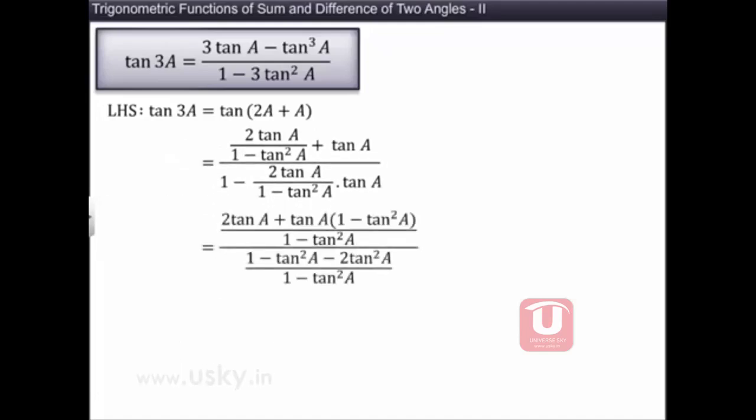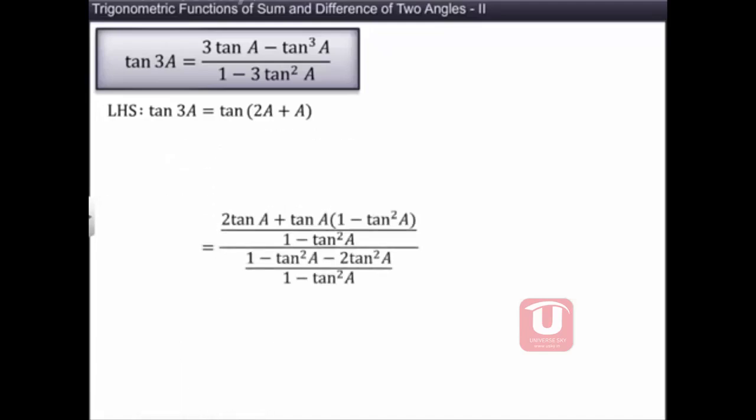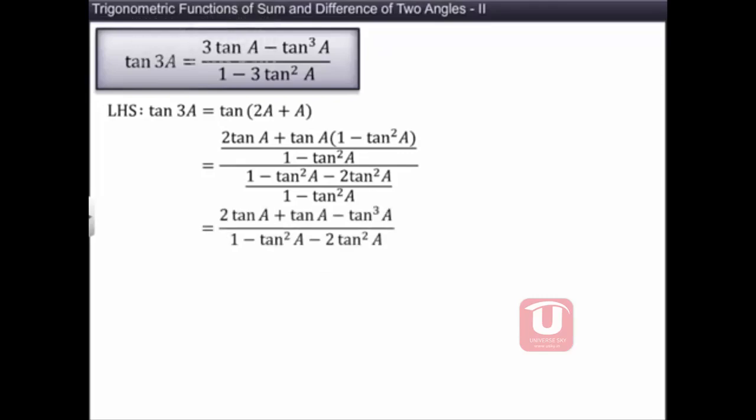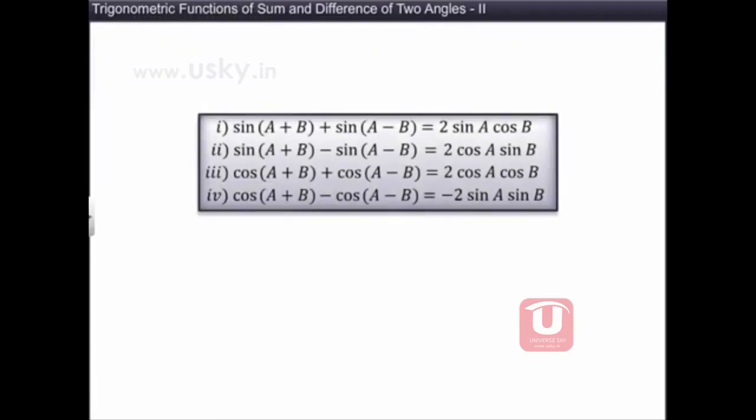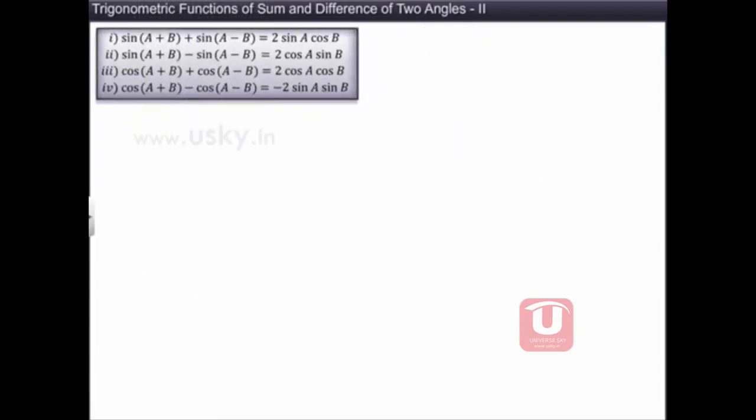On simplifying, we get tan 3A is equal to 3 tan A minus tan cube A divided by 1 minus 3 tan square A. Let us now prove some more results. The first one is sin of A plus B plus sin of A minus B is equal to 2 sin A into cos B.